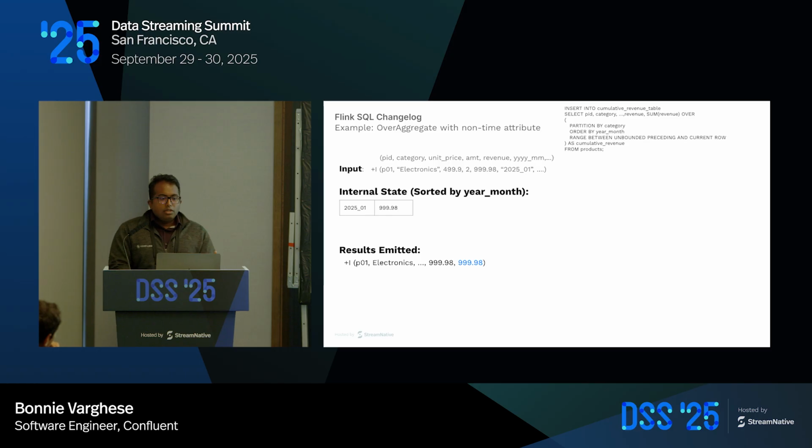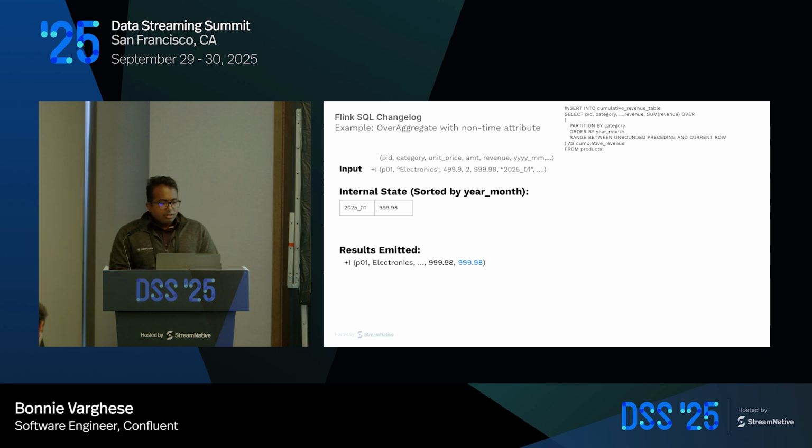Let's try and understand how this non-time over aggregate operator processes data. Let's say you have the queries shown on the top right. You get the first record with P01. Data is partitioned by category. So since category is electronics, all data belonging to electronics comes to the same node. And you're ordering by year and month.